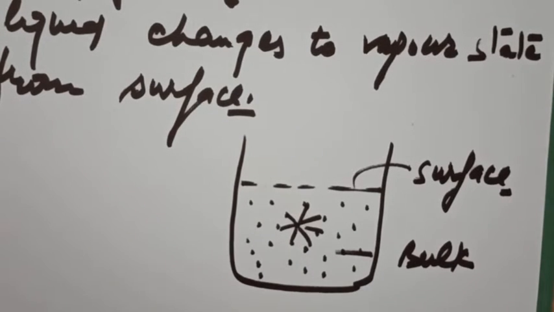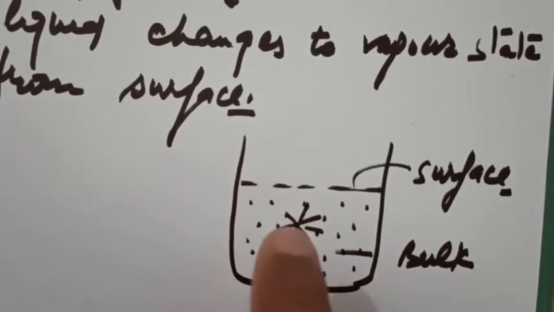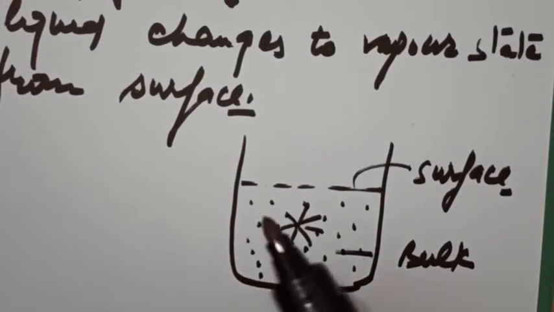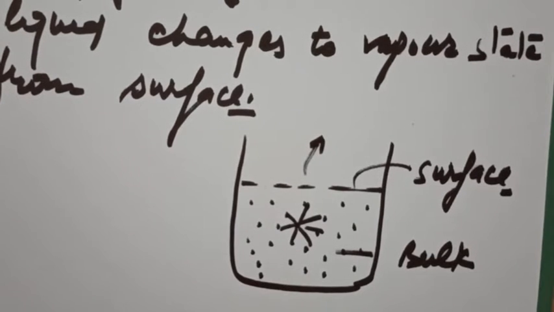The molecules present in the bulk are constantly moving randomly, so when they collide with the molecules on the surface, they provide some energy to them. The molecules on the surface then possess sufficient kinetic energy to overcome the interparticle forces of attraction, and they leave the surface and evaporate, or change from liquid into vapor state. So this is how evaporation occurs.